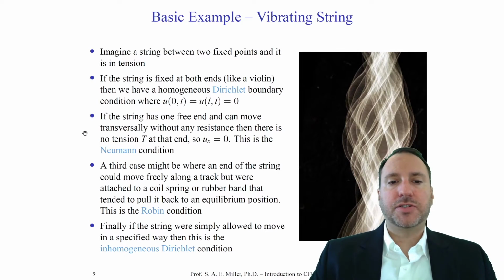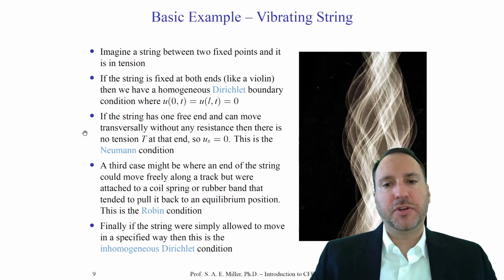Next, we might take that string and replace the boundary conditions with the so-called Neumann condition. If the string has one free end and can move transversely, that is, maybe up and down, without any resistance, then there's no tension, so-called T, at the end of the string. And so we might write partial u partial x equals 0, maybe at location L for all times t.